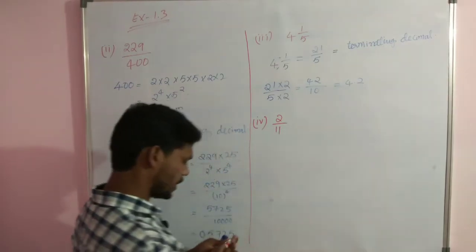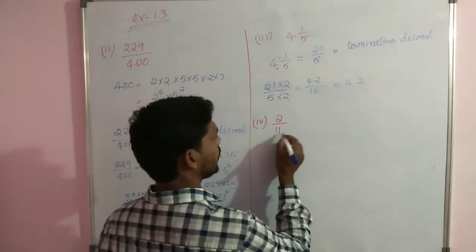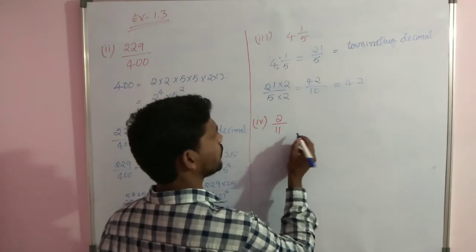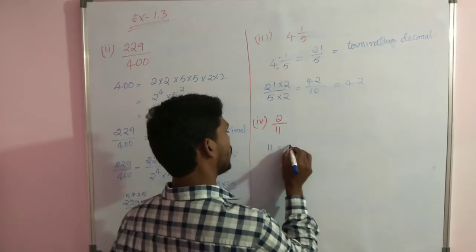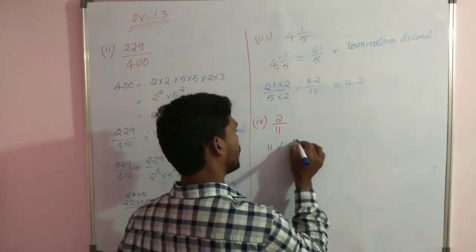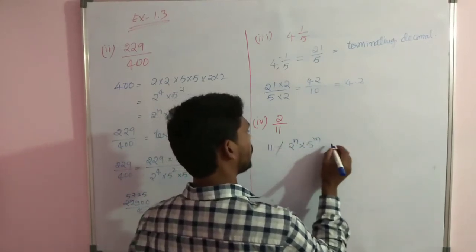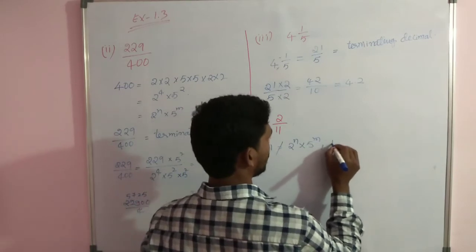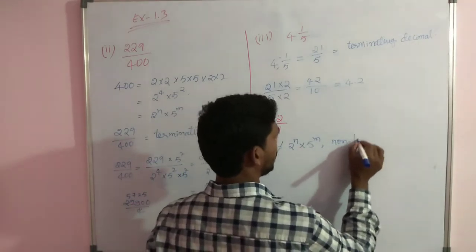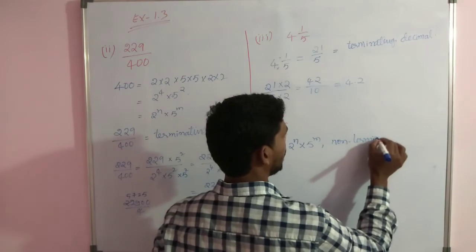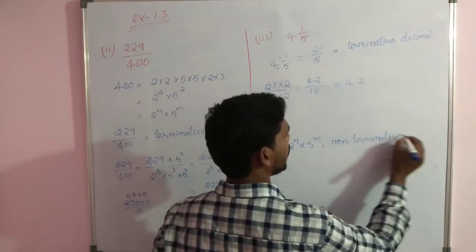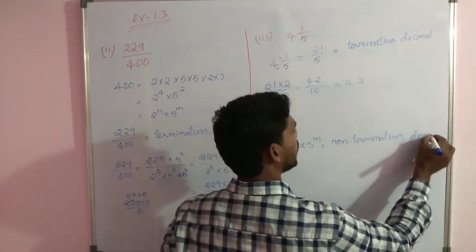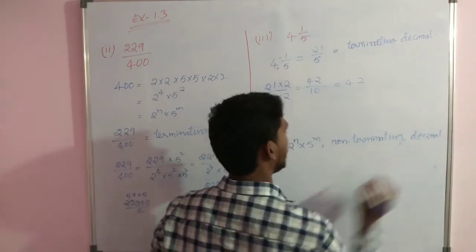Simply, directly we can say the denominator is 11. 11 is not in the form of 2 to the power of n and 5 to the power of m. So it is a non-terminating decimal.